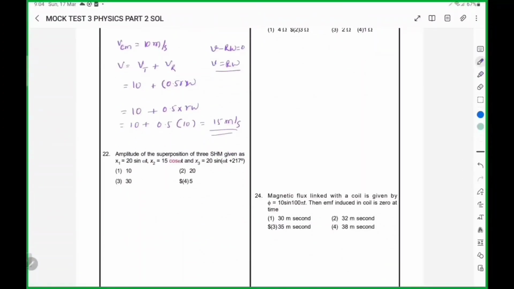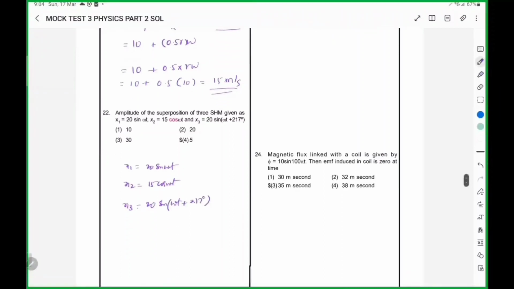Here it is the amplitude of superposition of three SHMs. X1 here is 20 sine omega t. X2 is 15 cos omega t. X3 here is 20 sine of omega t plus 217 degrees. Let us simplify.